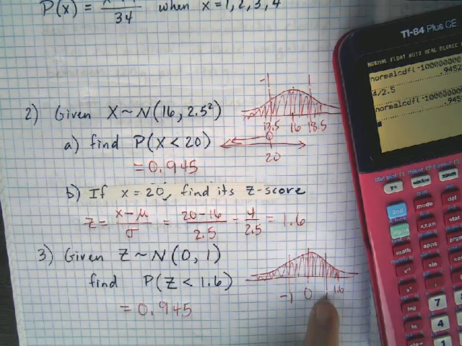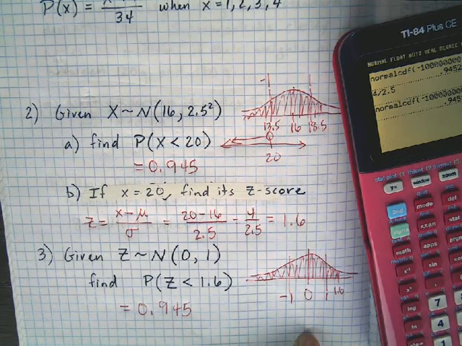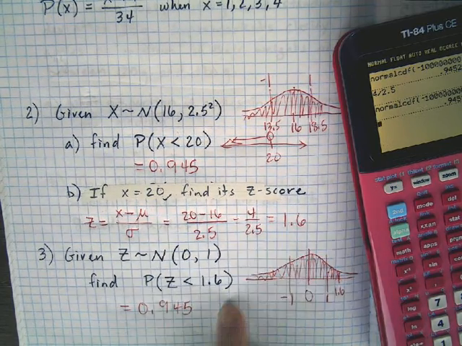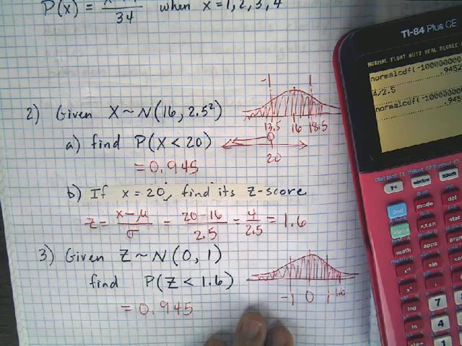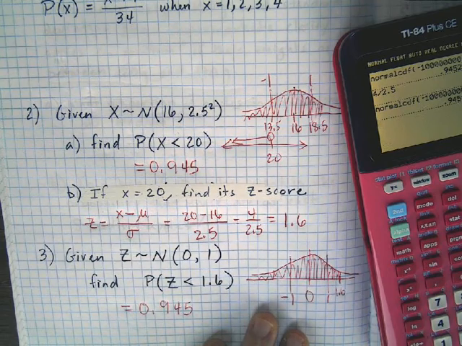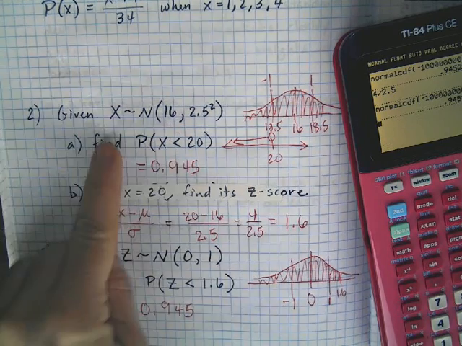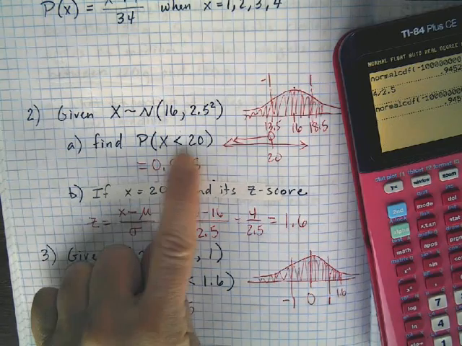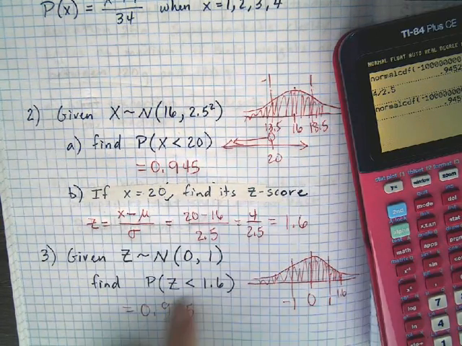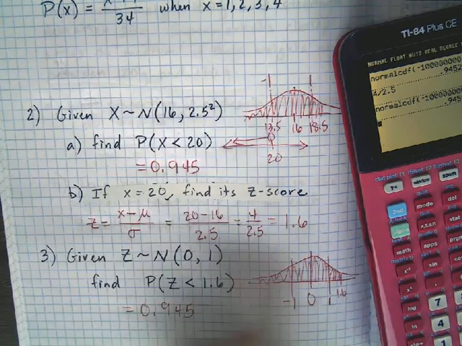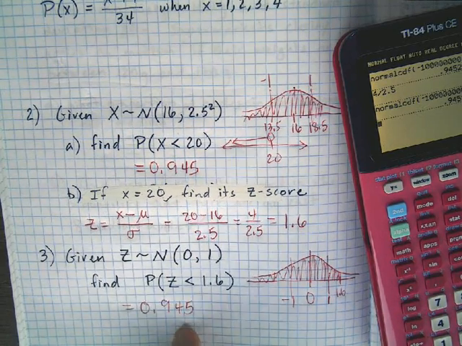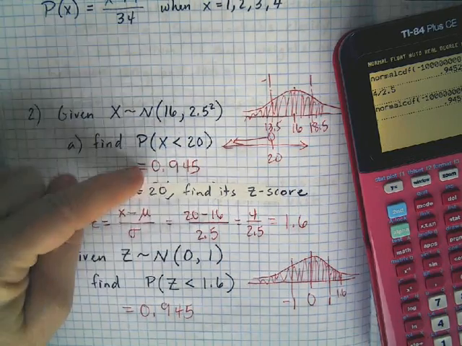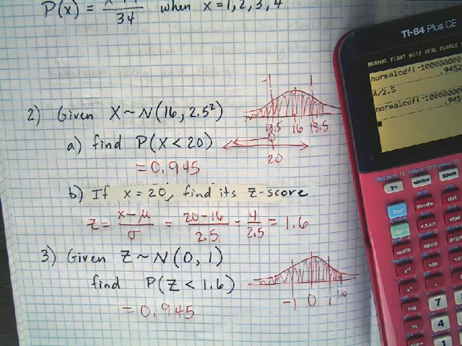This is our standard normal variable, kind of like our unit circle, but for normal distributions. Notice when we changed x less than 20 to be in terms of z, I found the z-score of 20, and then the probability of a z-score of 1.6. It gives us the exact same answer. So that is kind of cool.